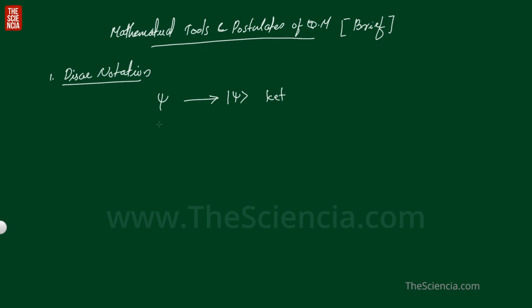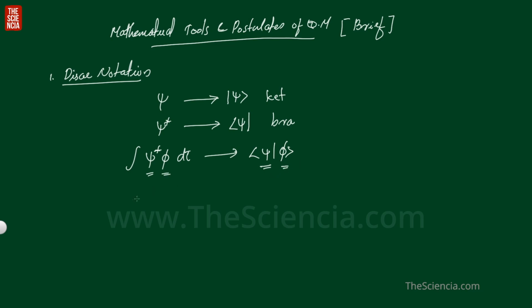And the complex conjugate of this wave function, that is psi star, he represented like this, and it is called a bra. So this is a ket vector and this is a bra vector, and he represented integral psi star phi d tau as bra psi ket phi. That is, psi star, the conjugate term, will be represented as bra and the other term will be represented as ket.